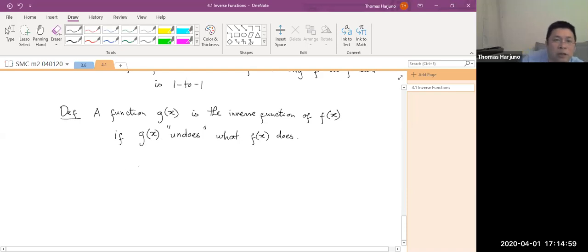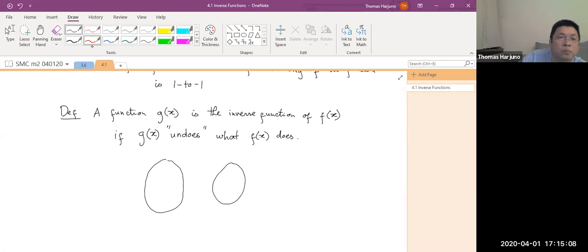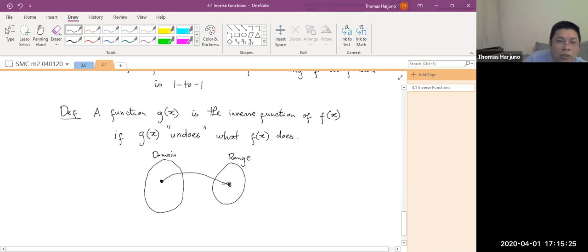As if we are saying the following. Suppose this is the domain of f(x) and this is the range of f(x). Let's say a half from the domain goes to the range by f(x).